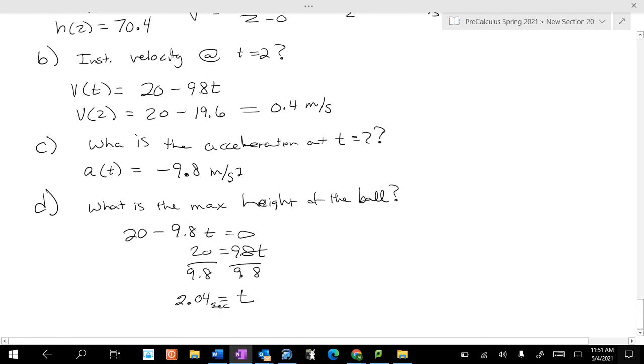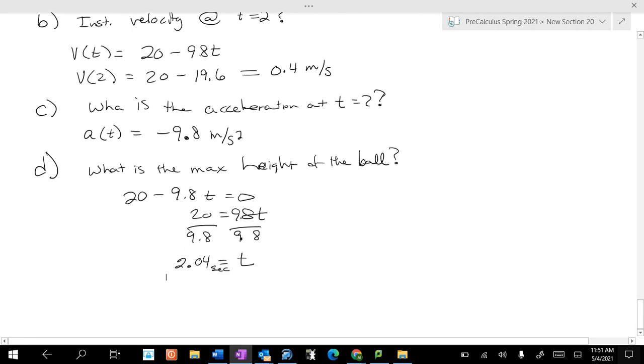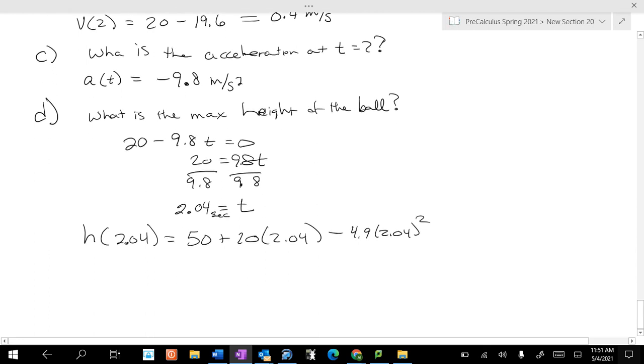So then you take the 2.04 seconds and stick it into the height function. It's h of 2.04. So the height function was 50 plus 20 times 2.04 minus 4.9 times 2.04 squared. I ain't doing that in my head.